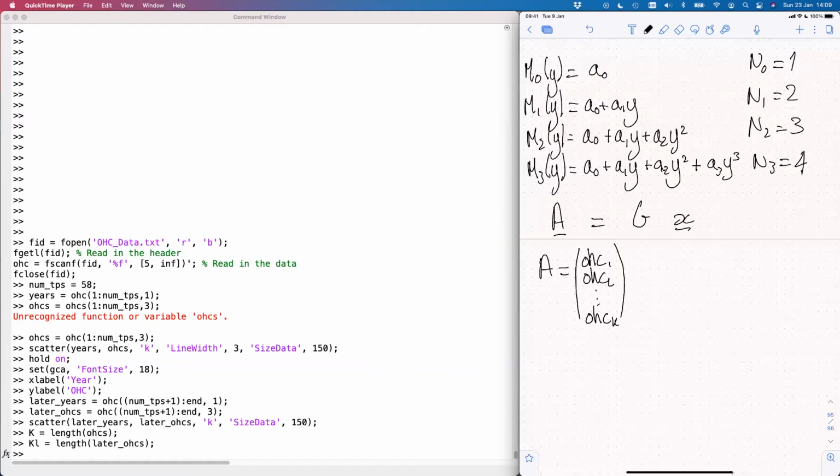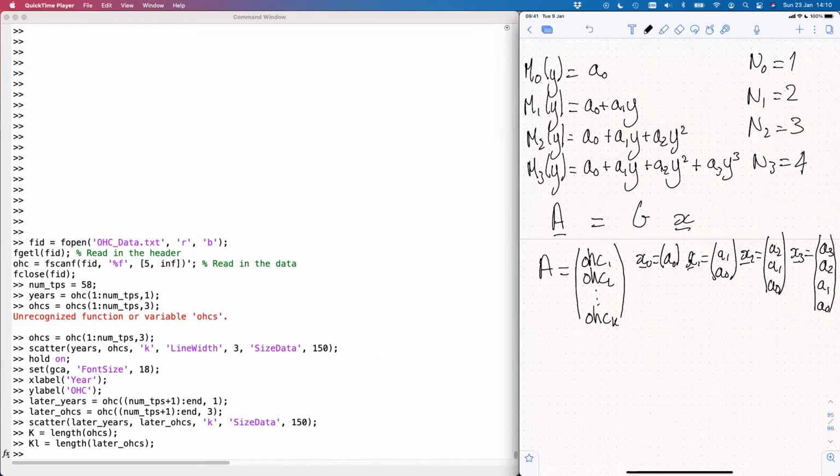And the sets of unknown parameters then are, so x0 is just the coefficient a0, x1 is a1, a0, x2, a2, a1, a0, and x3 is a3, a2, a1, a0.